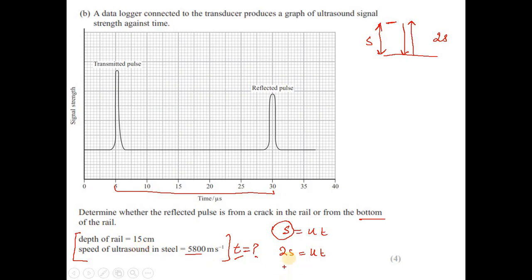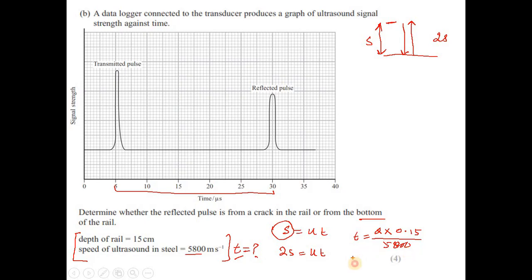So t equals 2s over u, so 2 times 15 centimeters, which is 0.15 meters, divided by u, where u is the speed, 5,800.